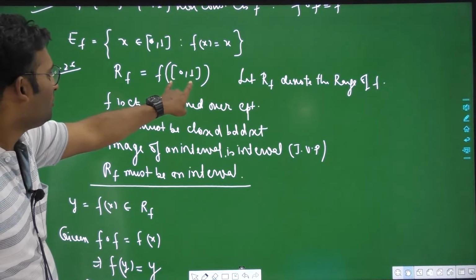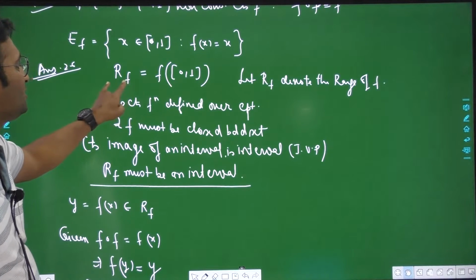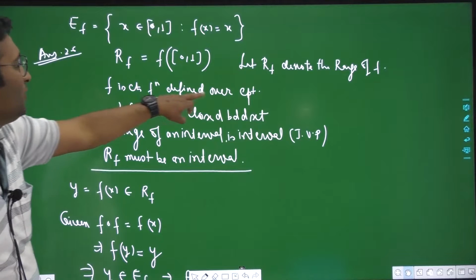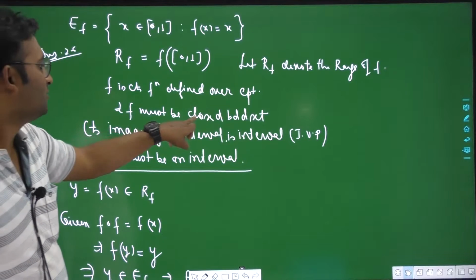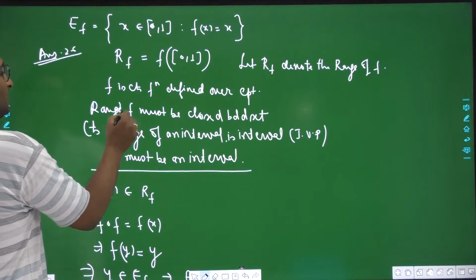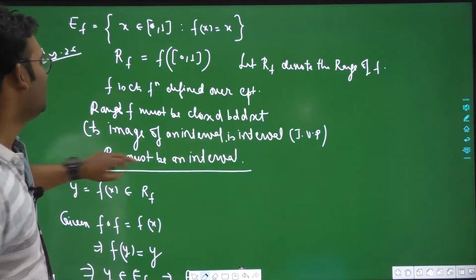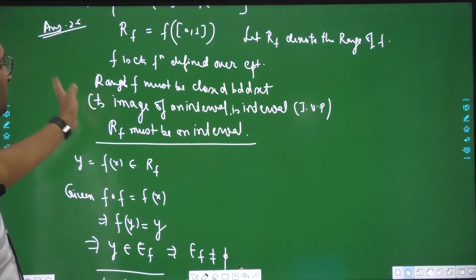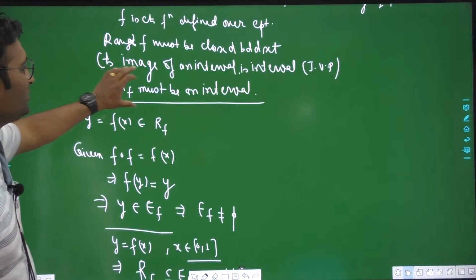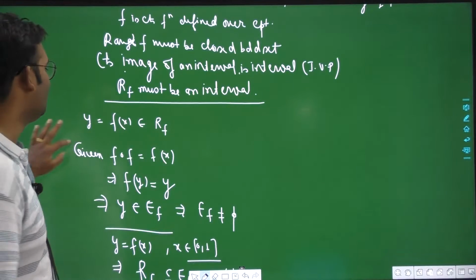So for all the values of domain जो भी फंक्शन इमेजेस लेता है, that I am denoting as rf, that is the range of f. Now देखिए f is defined over a compact set, so range of f must be closed and bounded set, and further otherwise also continuous image of an interval is an interval by intermediate value property. So therefore range of f must be an interval. पहली चीज. अब आगे बढ़ते हैं.